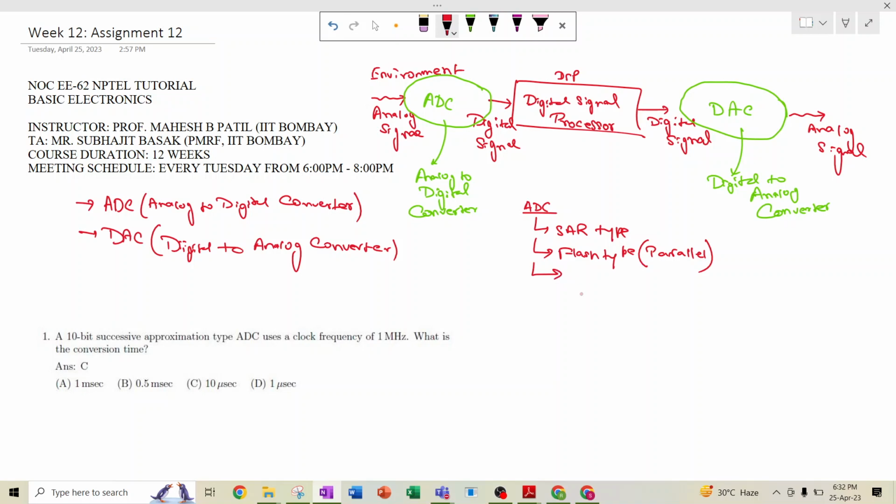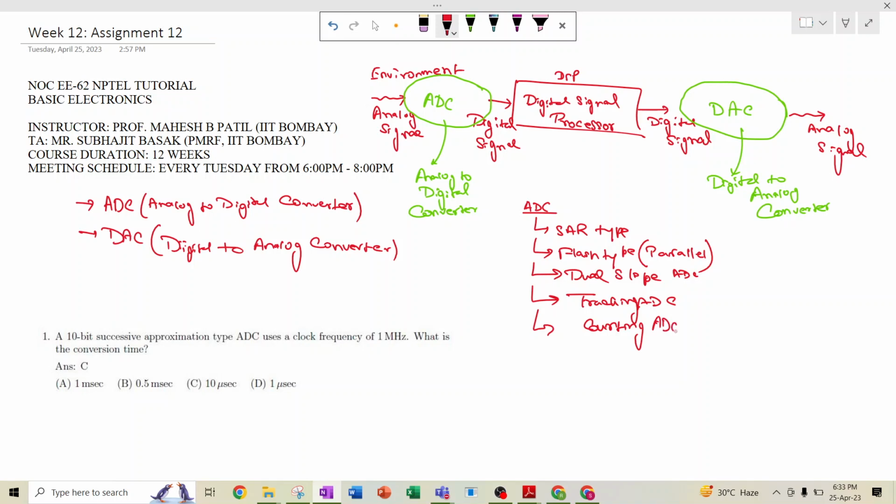And then we have the dual slope ADC, and we have also studied the tracking ADC. All of these were already discussed in the lecture of Professor Patel. And the counting ADC is also there.